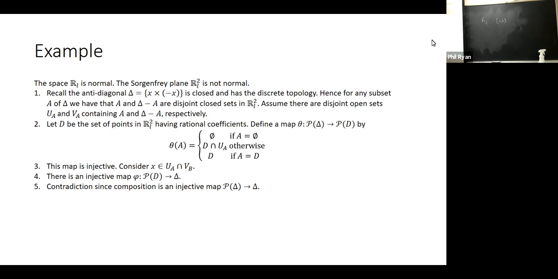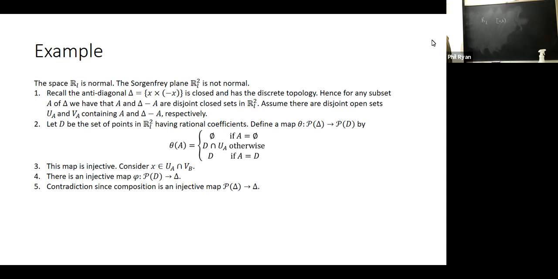And again, remember that when we saw it before, the thing that was kind of bad about it was the anti-diagonal, x cross minus x, where we showed it was closed and has the discrete topology as its subspace topology. Okay. So any subset of the anti-diagonal is going to be a closed set, right?